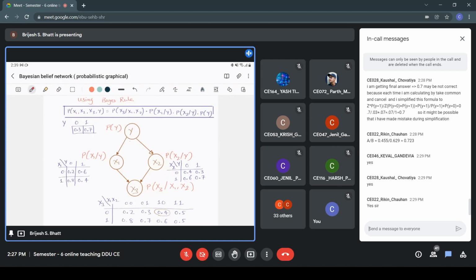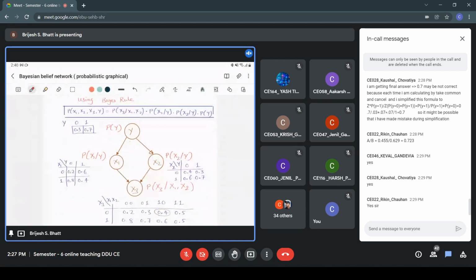But this is my model, and these are the model parameters. The inference question can be anything. So I have observed x3 to be 1, and I become curious what will be the value of y? And the model parameters which I have are sufficient to calculate and answer this query.